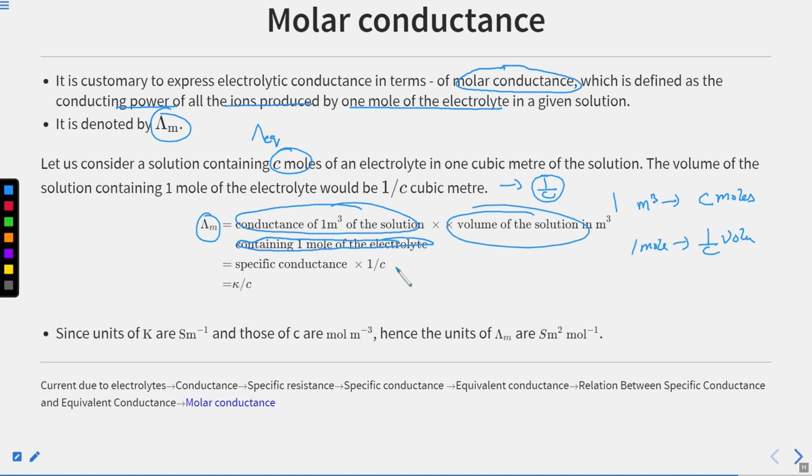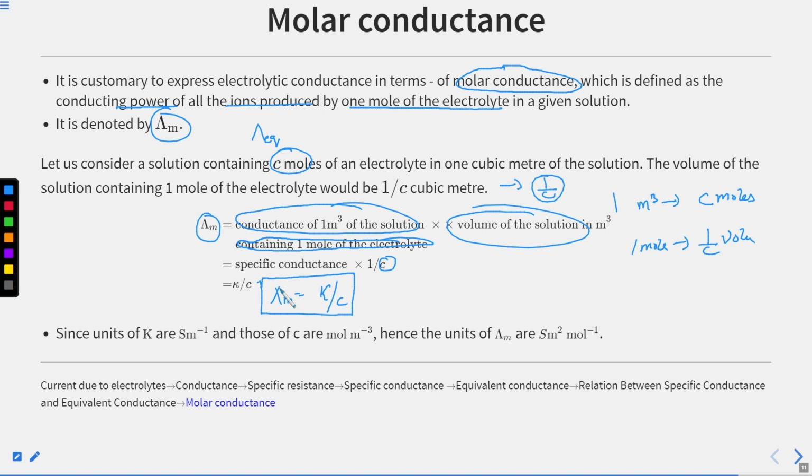If I put the formula, it will be specific conductance, which is for 1 meter cube, multiplied by 1 by C, where C is the concentration. So the final formula will be lambda m equals kappa by C.